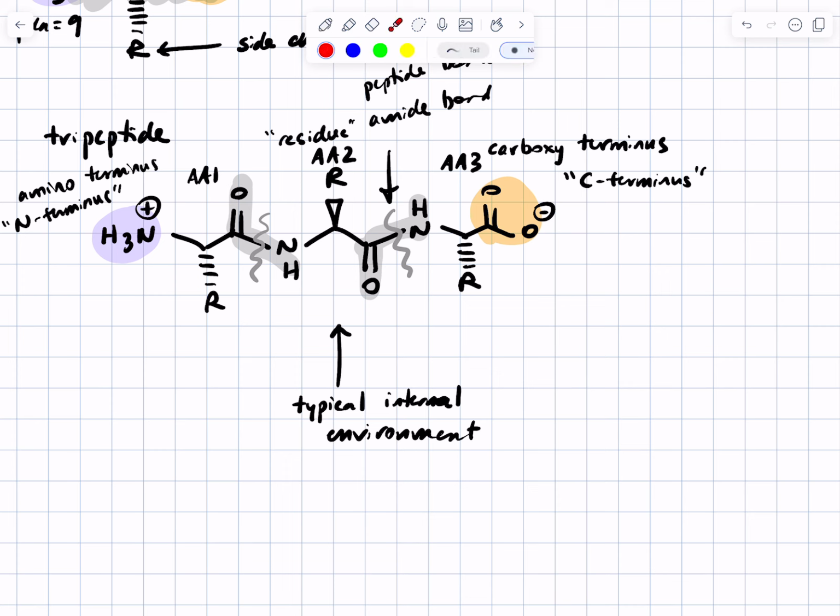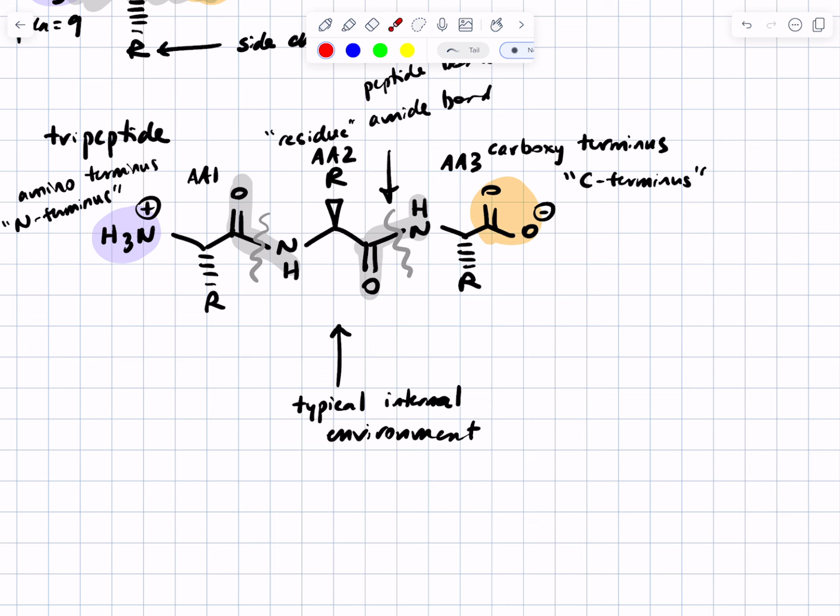So you'll hear people talk about this particular residue. You wonder, what are they talking about? That's just another way of saying an amino acid inside a peptide or a protein. Okay, questions so far about basic peptide structure, amino acid structure? Okay, good, because it's going to get worse and more complicated.